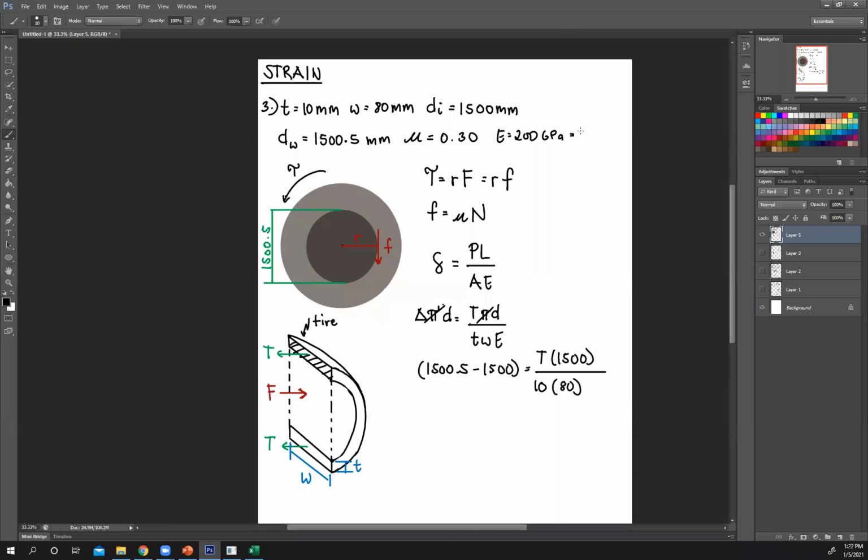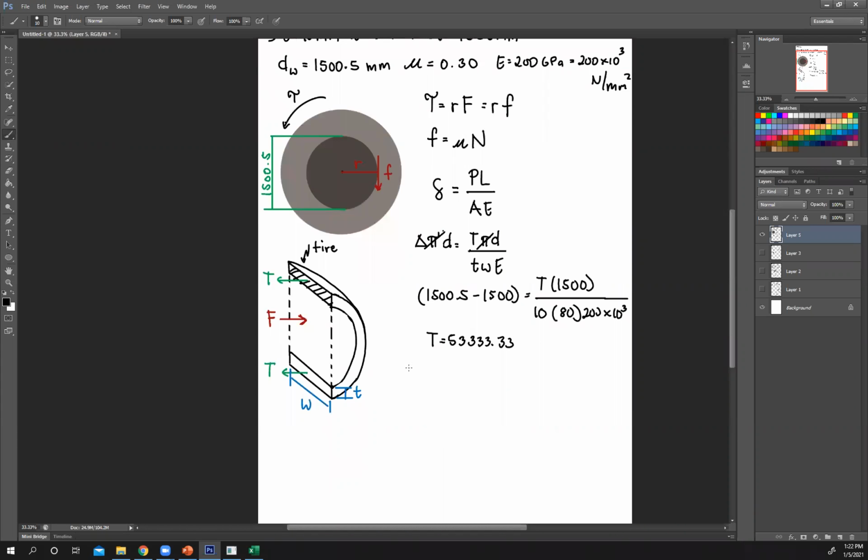And again, that's just 200 times 10 raised to 3 Newton per millimeter squared. Then using this, you can solve for T. I'll give it, it's 53,333.33.